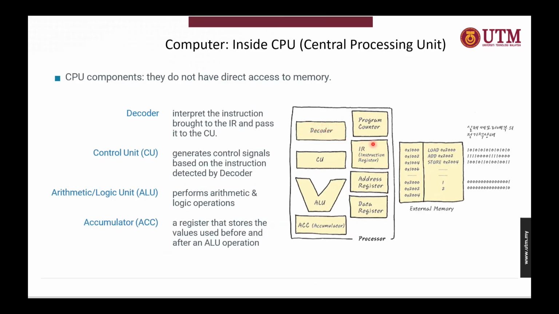The instruction, usually in assembly language, will be decoded to machine language, 0101 binary representation, by the decoder. Then after that, it will be sent out to the control unit.